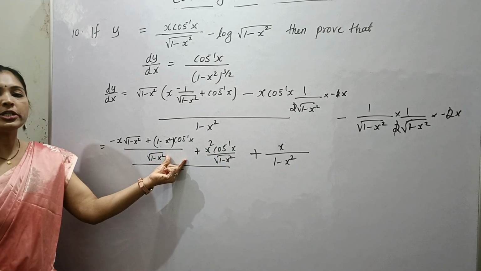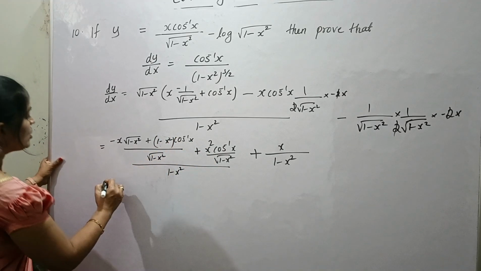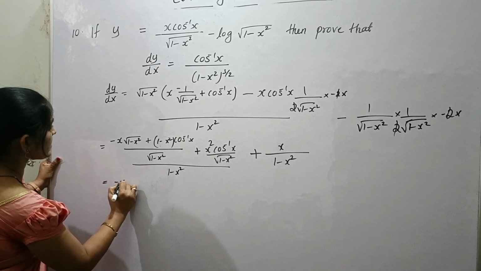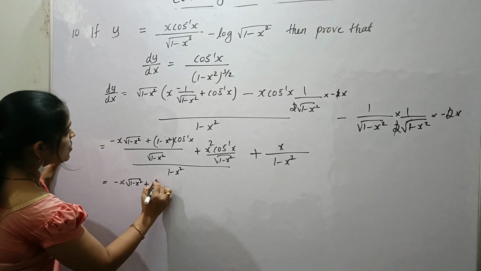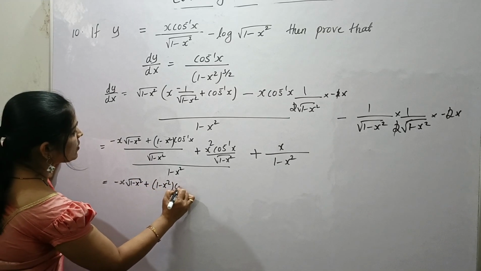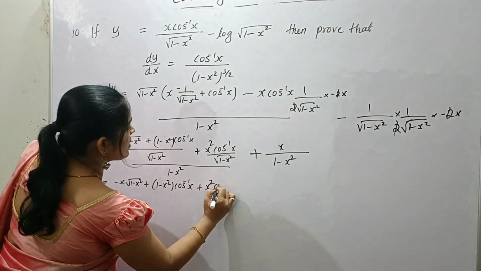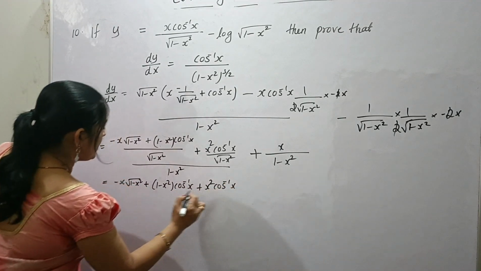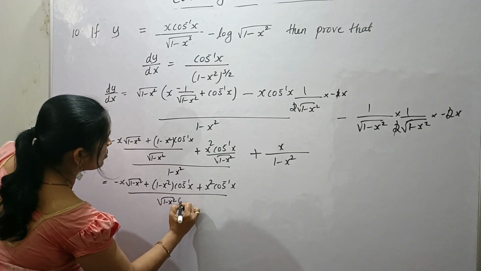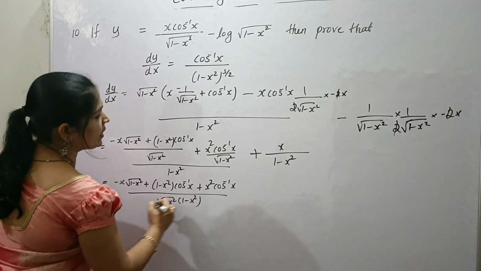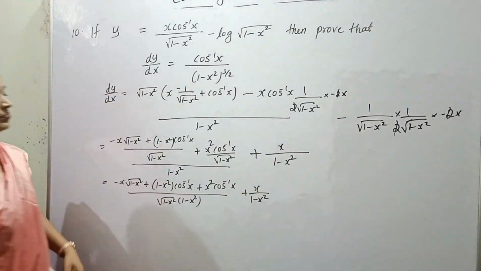It is the denominator of numerator, so it will come to the denominator. So it is equal to minus x root 1 minus x square plus 1 minus x square cos inverse x plus x square cos inverse x divided by root 1 minus x square into 1 minus x square plus x divided by 1 minus x square.